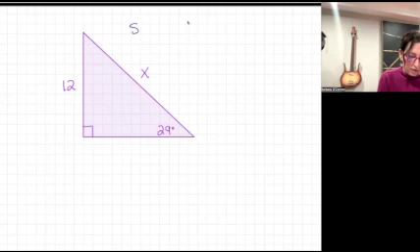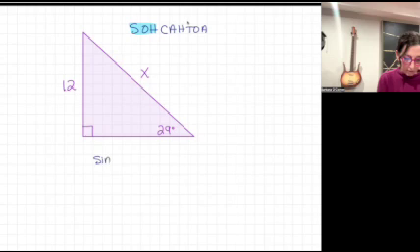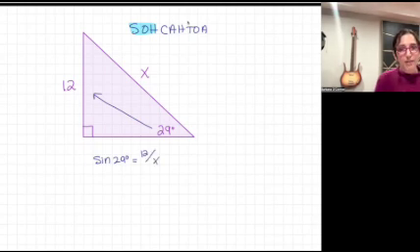So the trig function that uses opposite and hypotenuse is sine. So I can say that the sine of 29 degrees is the opposite side, or 12, divided by the hypotenuse, or x. And I can solve that equation for x.